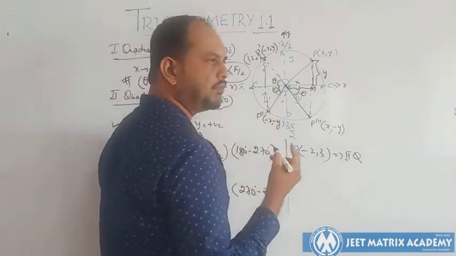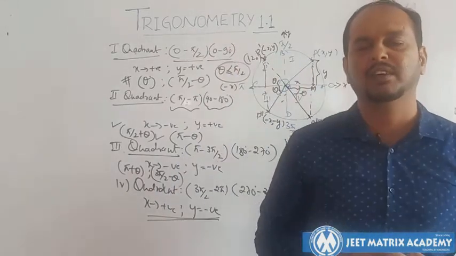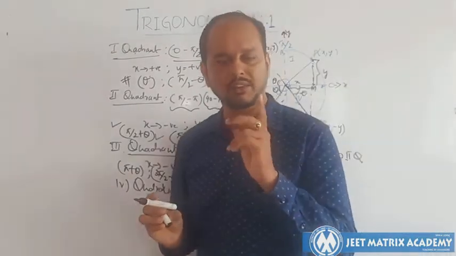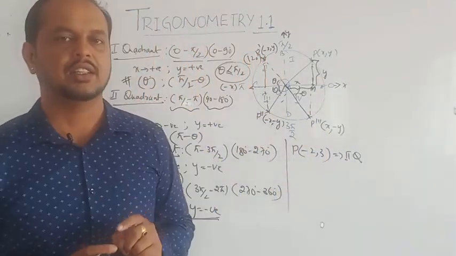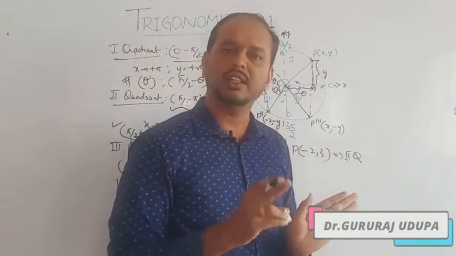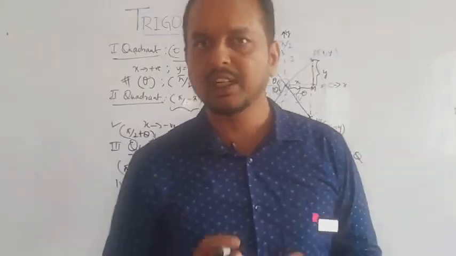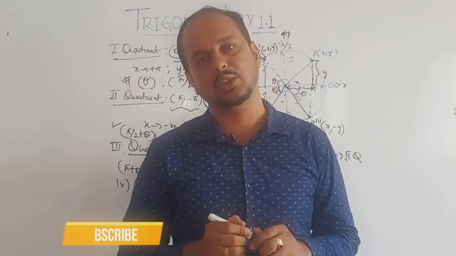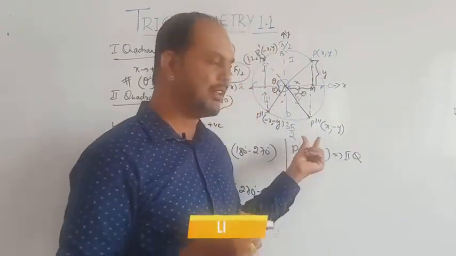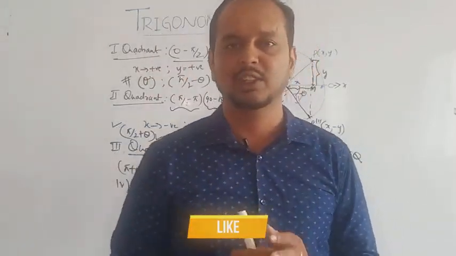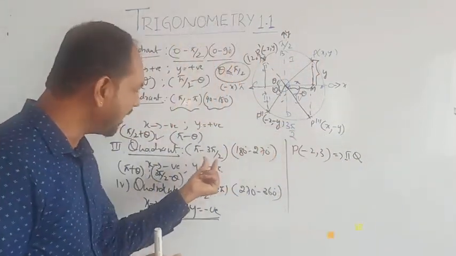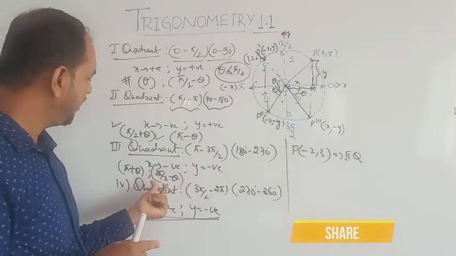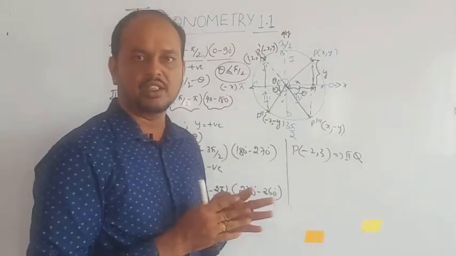Example, 180 plus 30, how much? 210. 210 you can tell in two ways. 180 plus 30 is 210 degrees. Similarly, 270 minus 60, that also is 210 degrees. So that means 3 pi by 2 minus theta will be in the third quadrant.